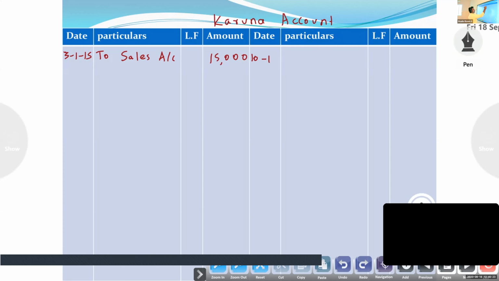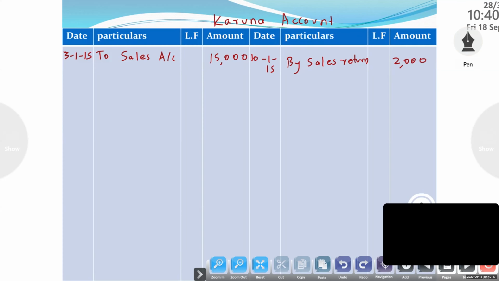Credit side, by sales return. Amount will be 2,000. Next, Aditya, any transaction? Yes, sir. 14th. So where do I write?